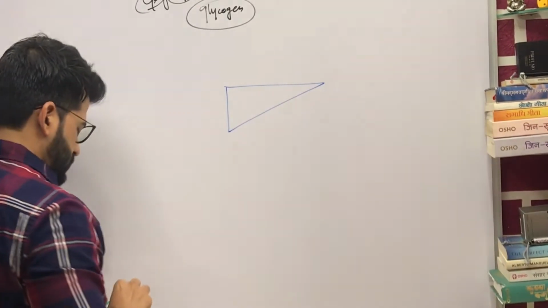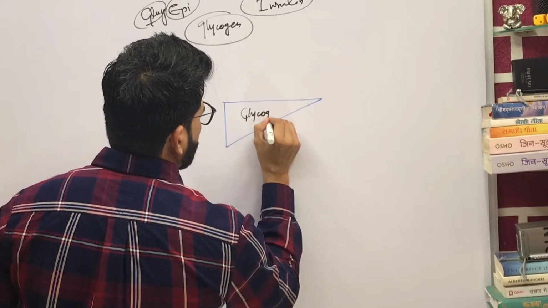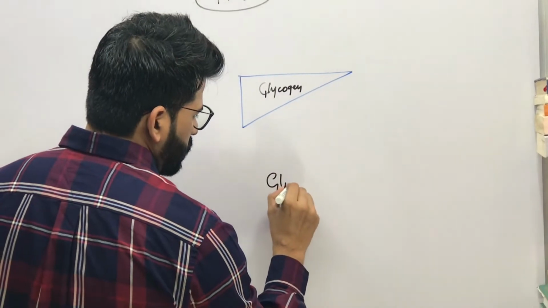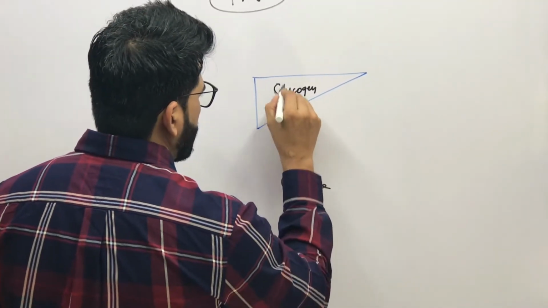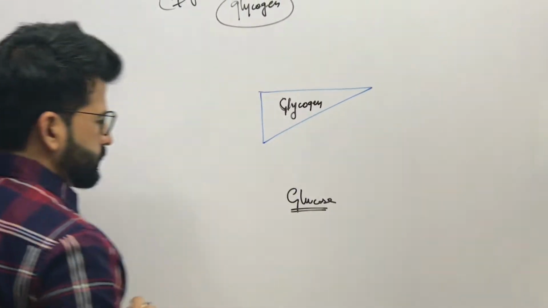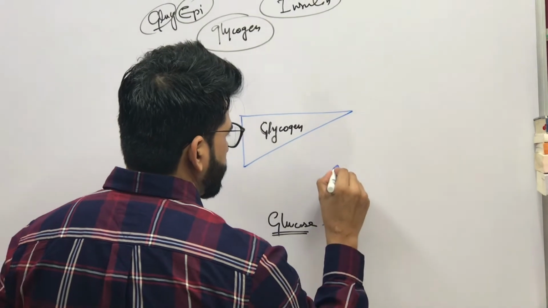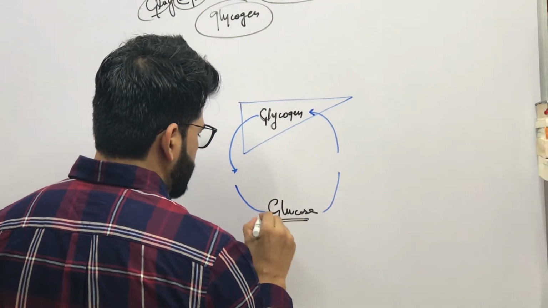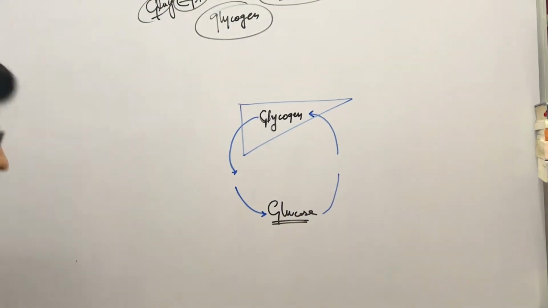So we have the glycogen which is to be converted into glucose, and when not needed the glucose is converted into glycogen. So there has to be a set of enzymes which are participating in their conversion.